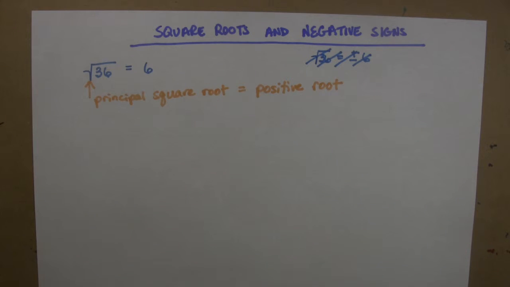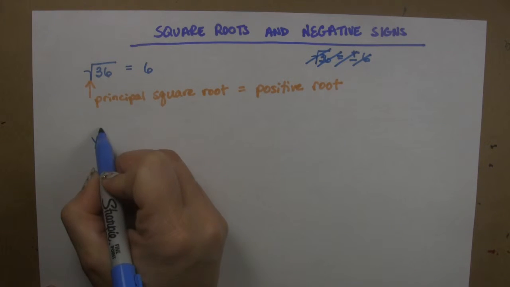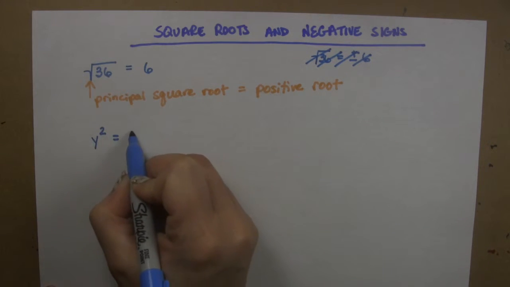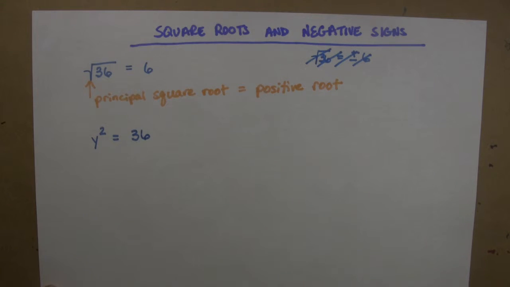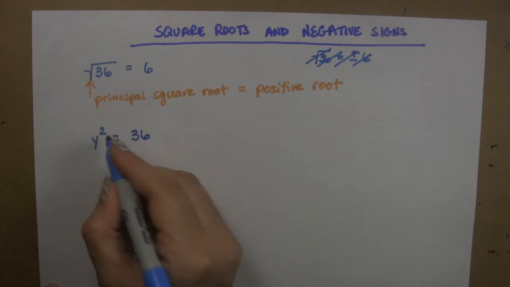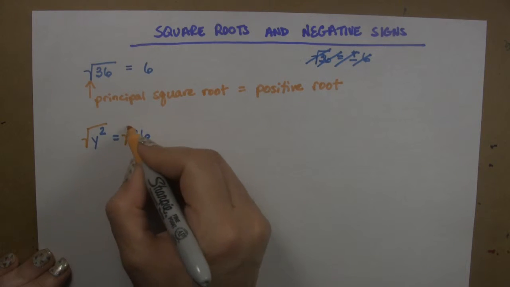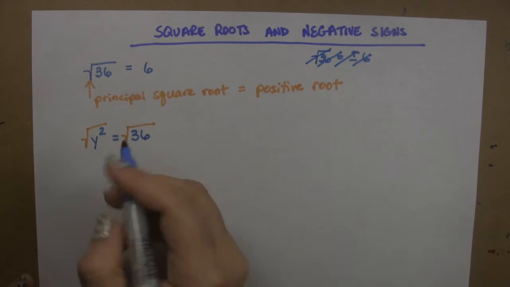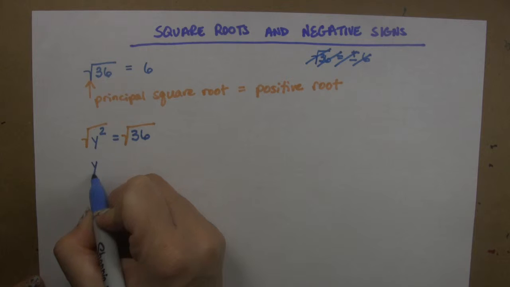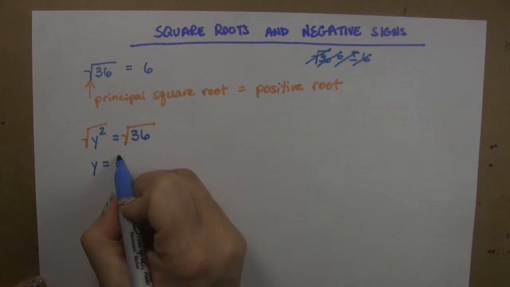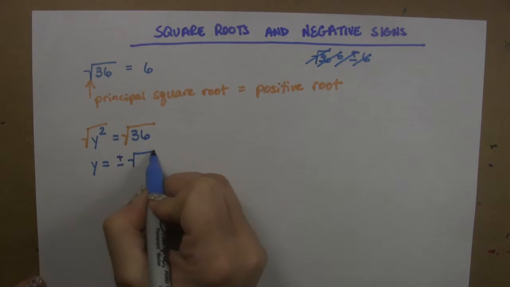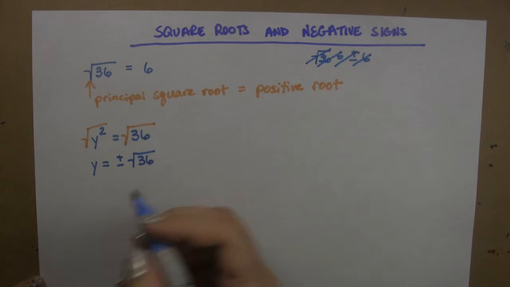Now, let's take another example. Let's say that we're looking at this problem. y squared equals 36. So what we do is we take the square root of both sides, right? So this becomes y equals, follow me here, plus or minus root 36.